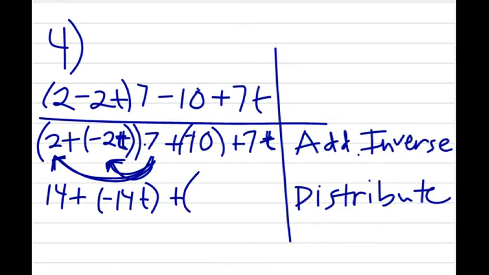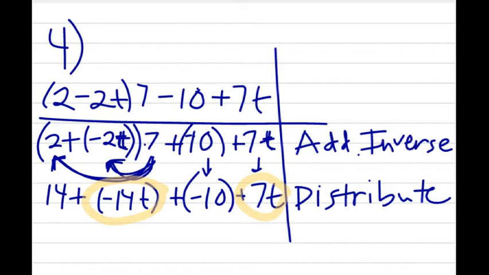Now, I don't have any more multiplication. All I have is this addition, so I'm just going to copy it. The negative 10 falls, the 7t falls. Now, I've got all addition. So the only thing left to do is combine like terms. I can only combine the things that are alike. So I have t's here and I have t's here.